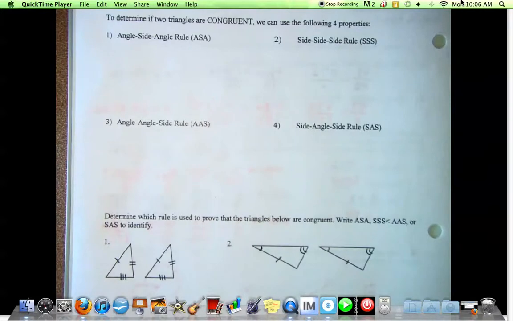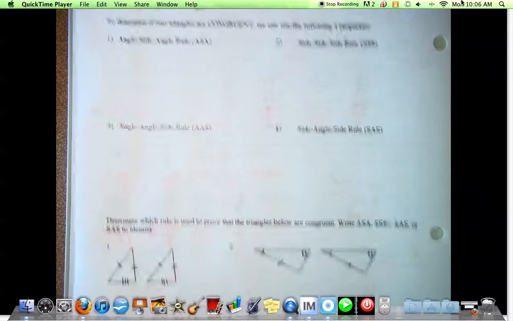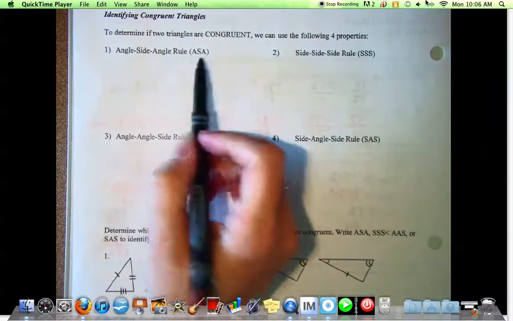All right. We need to determine if two triangles are congruent by using the following four properties. Now we're going to do quite a bit of writing to list out how we determine if triangles are congruent. So, angle side angle rule. We use the letters ASA.